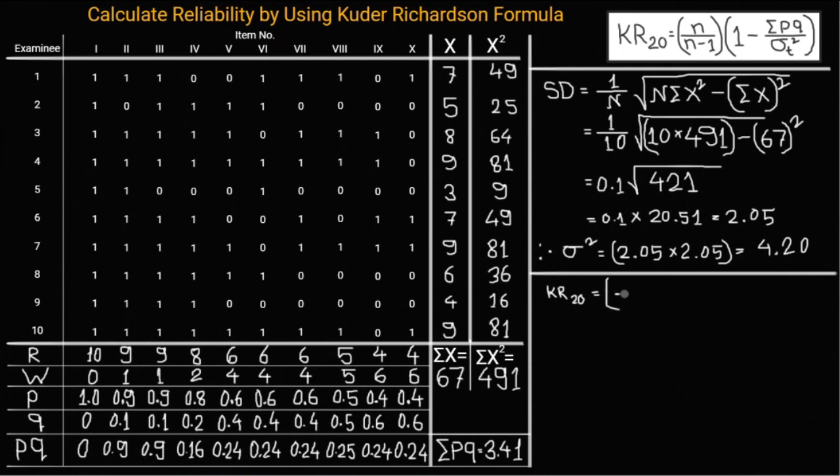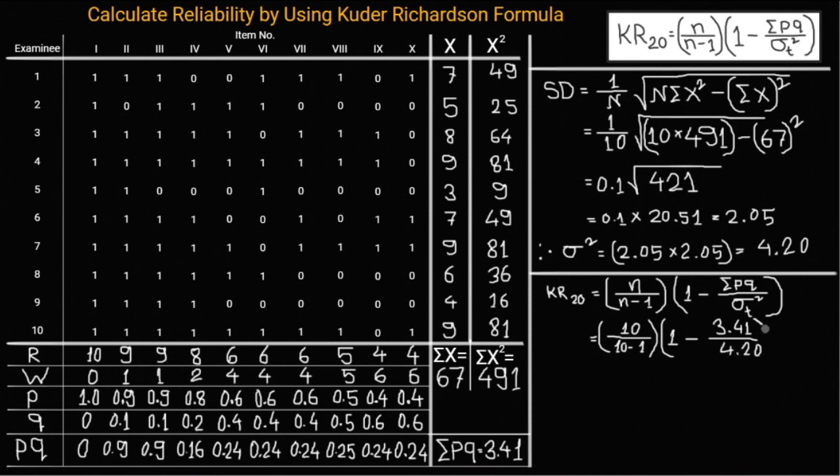Okay, KR21 equals n by n minus 1, into 1 minus summation PQ by variance of total score. Then 10 by 10 minus 1, into 1 minus 3.41 divided by 4.20.